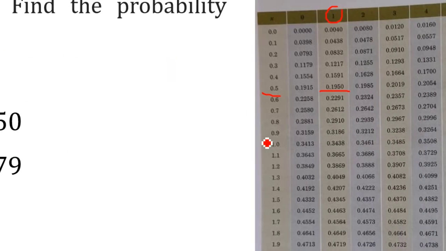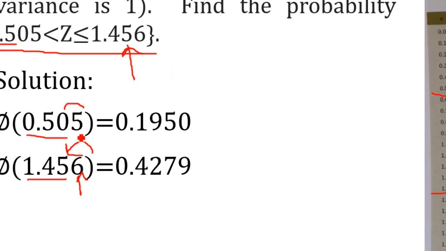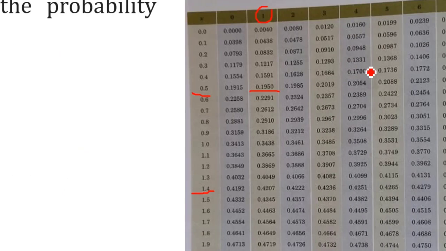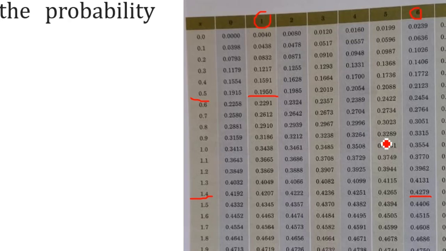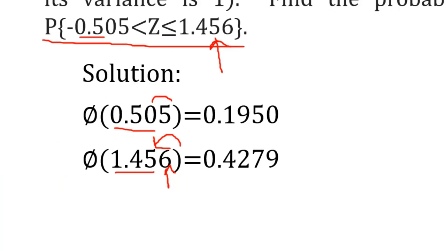First 1.4, it is here. Then 6, somewhere here. Where they meet, the value is 0.4279, which is written here.